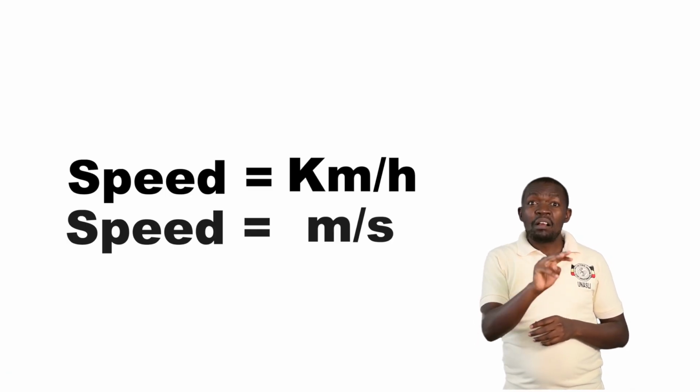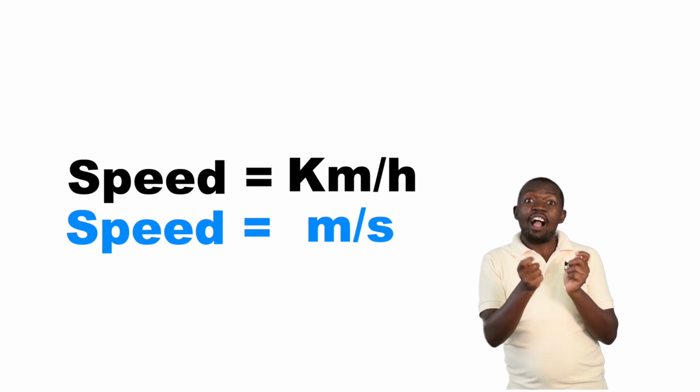Can we just feed our information in the formula? Yes? No? Why not? We are not going to feed the time into the formula because we've been told that our speed is either measured in kilometers per hour, but our distance is not in kilometers, it is in meters. So that means that we have to use the other unit, which is meters per second.